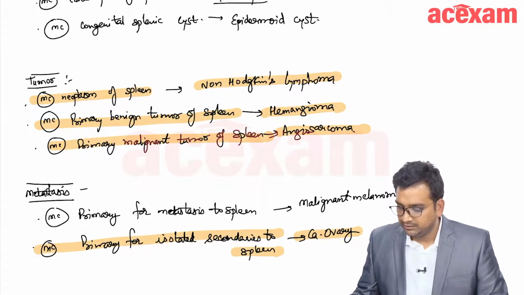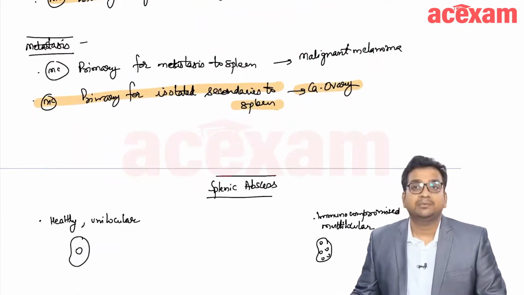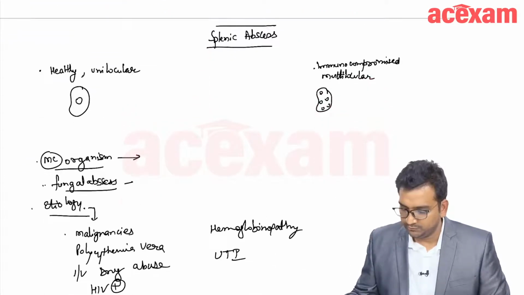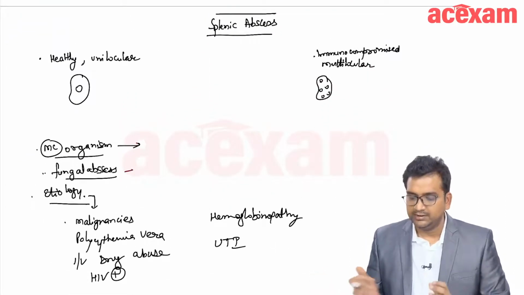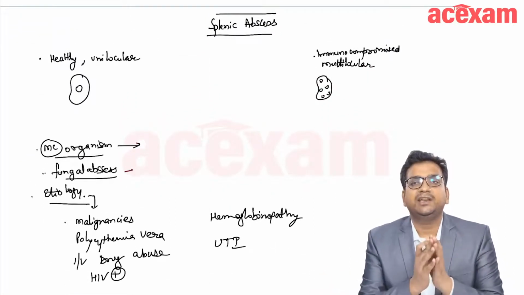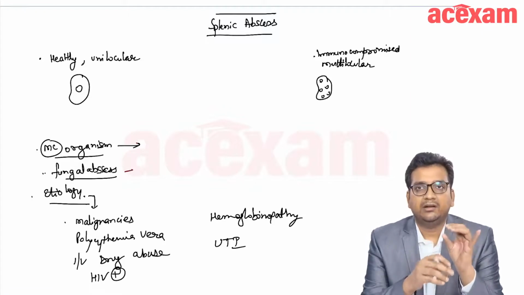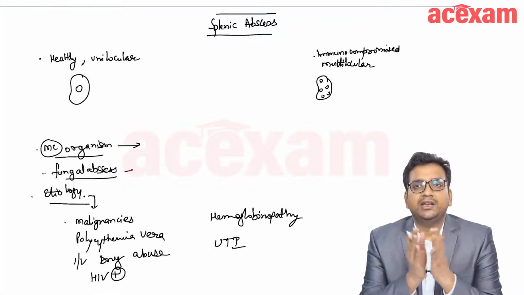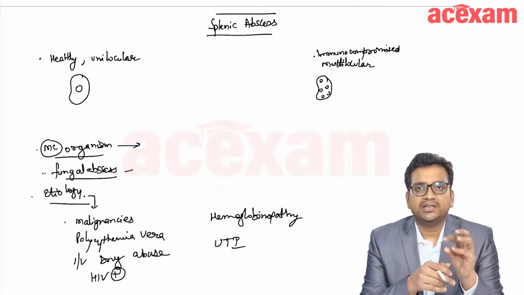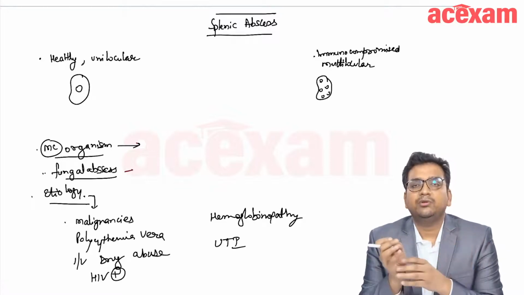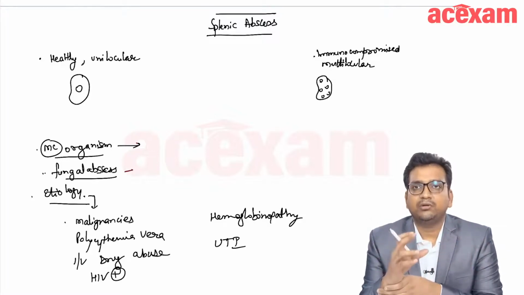Now, the next topic is splenic abscess. For splenic abscess, this we will have to understand. Splenic abscess can be single or multiple. Generally, in a healthy patient, splenic abscess is unilocular. In immunocompromised patients, they have a multilocular abscess.